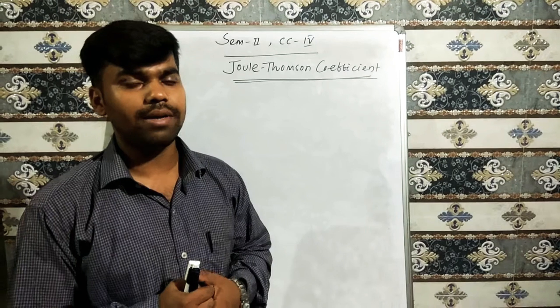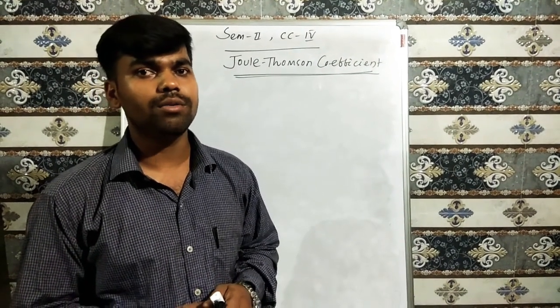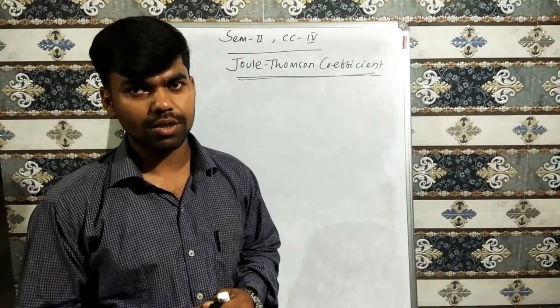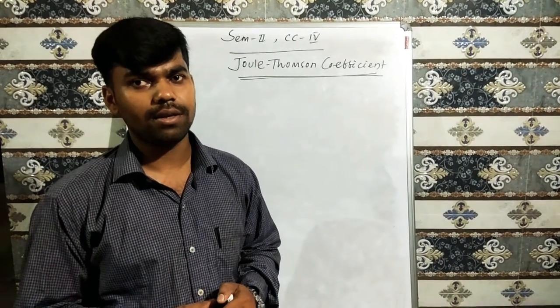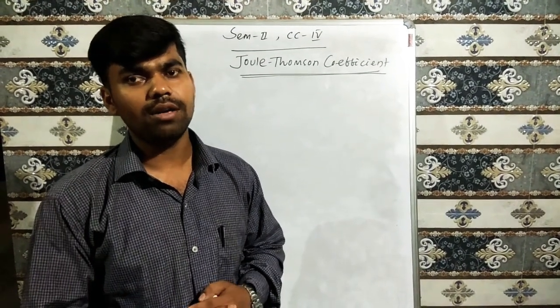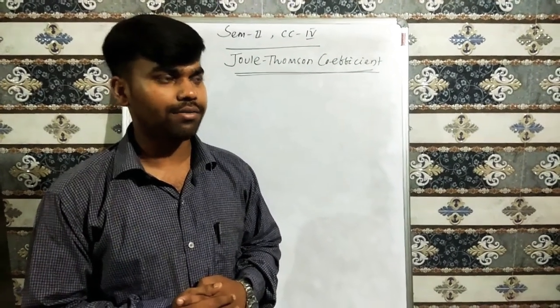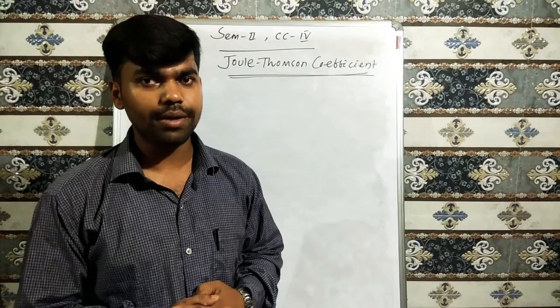Adiabatic condition means no heat exchange. That means no heat enters the system or is released from the system. So under this condition, if the expansion of a gas takes place from a higher pressure region to a lower pressure region, then that effect is called the Joule-Thomson effect.